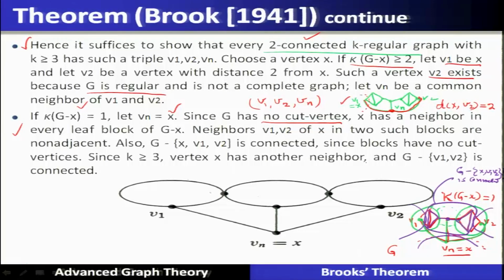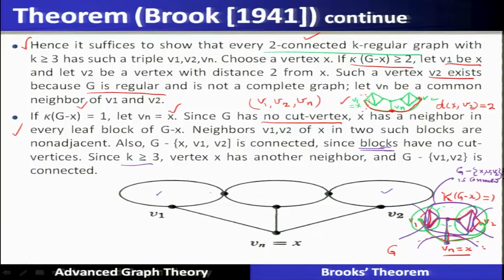Since the blocks have no cut vertices, by the definition you can see in the previous videos on blocks, removing one vertex from a block will not disconnect the block. Hence, for k, the maximum degree, greater than or equal to 3, x has another neighbor besides V1 and V2, and therefore G minus V1 and V2 is connected.